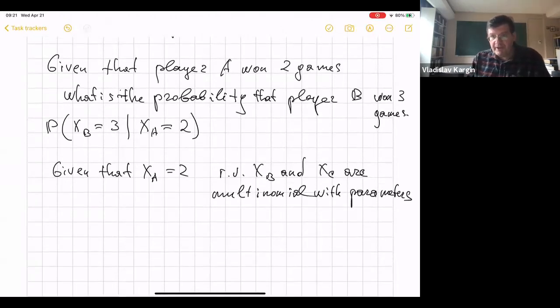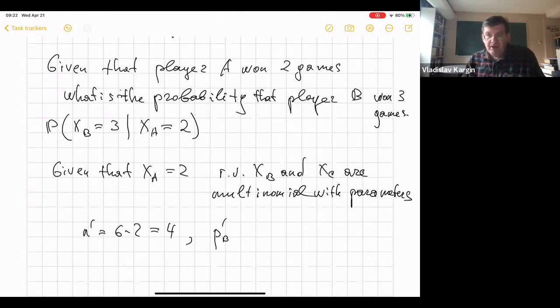We know that A won 2 games. So the remaining parameter, the new parameter n prime, was 6 games and now 2 are gone, so it's 6 minus 2, which is equal to 4. Now the new parameters: what about the new probability of B, and the new probability of C?